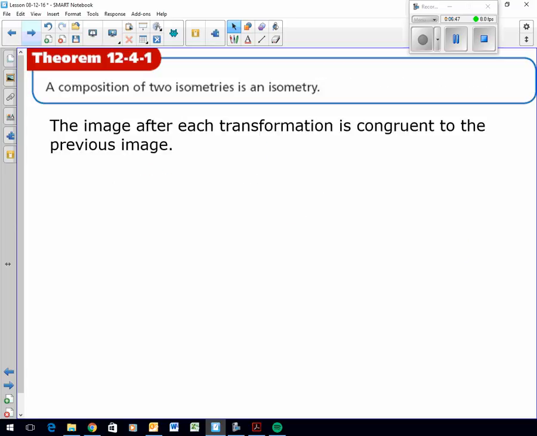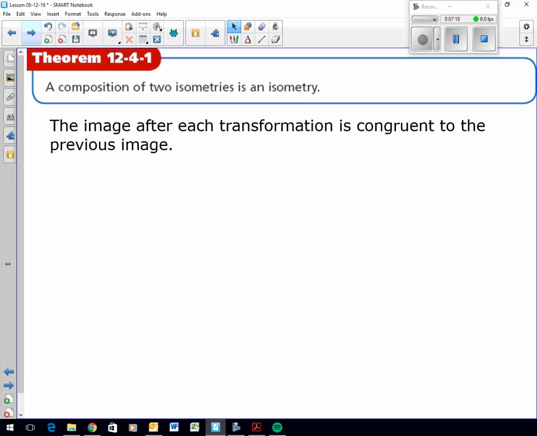All right, make sure you write this down. The composition of two isometries is an isometry. Which means that the image after each transformation is congruent to the previous image. Even though I've got a composition of transformations, I'm dealing with two different types of transformations, each of which is an isometry.